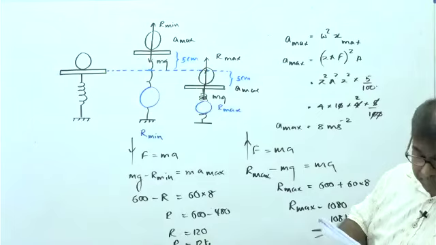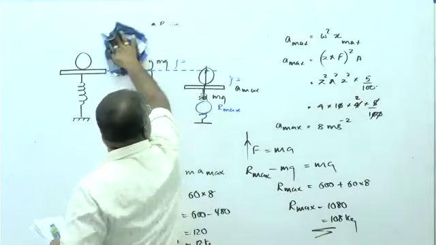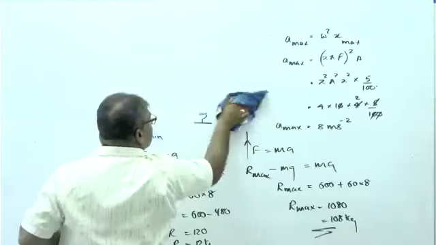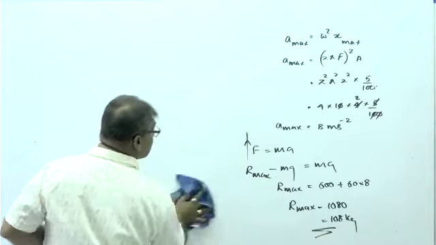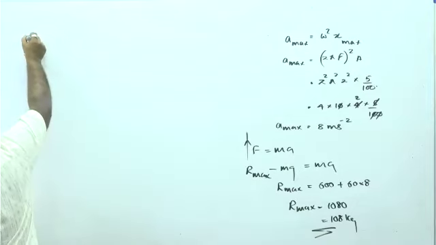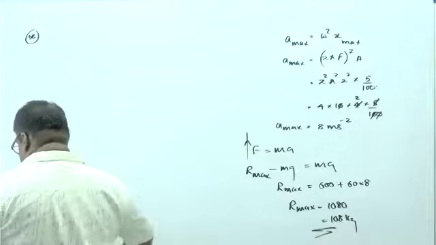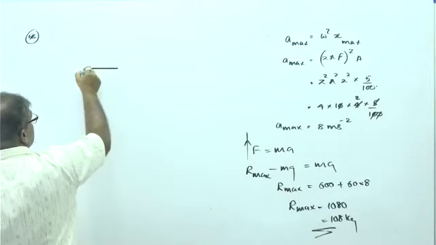Right, number 58. Read the question carefully. Question number 58. A block is resting on a piston which is moving vertically. It's like this.